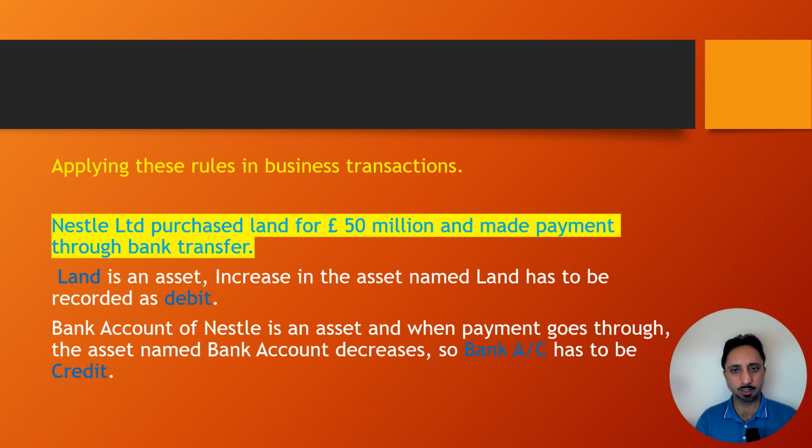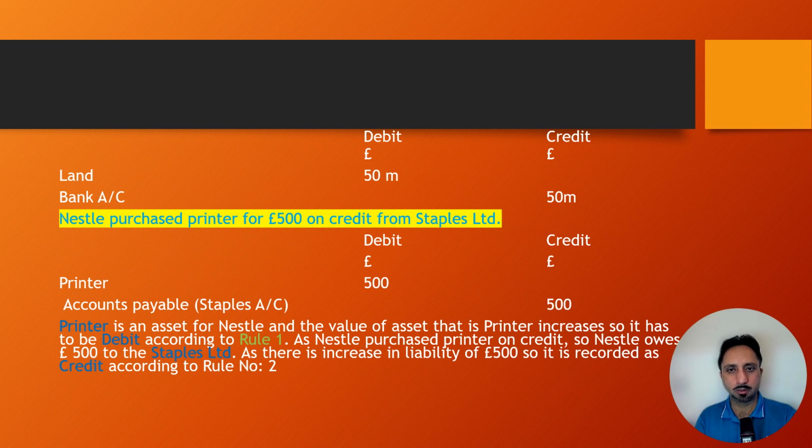Bank account is another asset of Nestle Corporation, and when you make bank transfer, then there is decrease in the value of asset named bank. So that is why, as you can see, land account is debited by 50 million and bank account is credited by 50 million.